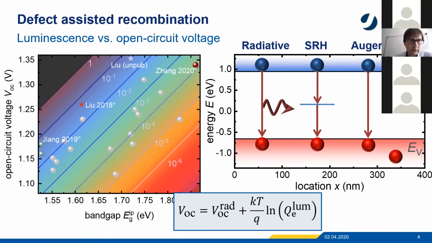And that means that all the high efficiency solar cells that we have so far have less than 10% external luminescence quantum efficiency. And that means still more than 90% of the electron hole pairs will eventually create heat at open circuit. So defects are indeed still an important aspect, even for high efficiency solar cells.